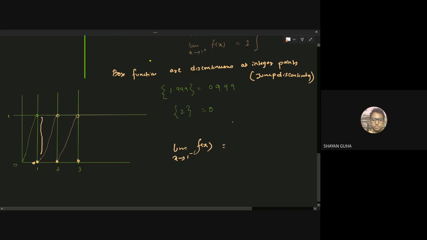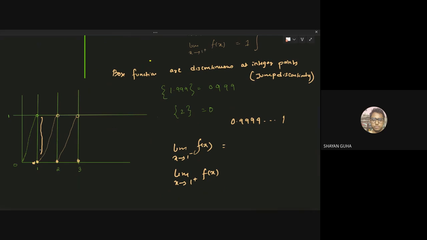For example, if I have 0.9999, let's say 50 times 9 I am repeating, then a 1, then the value will be that only. But when I say limit x tends to 1 plus f(x), in that case the value won't match.